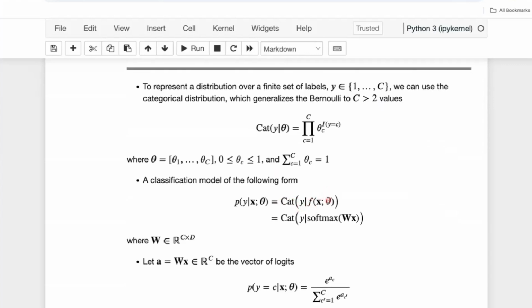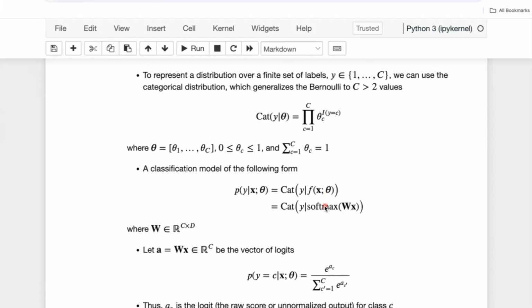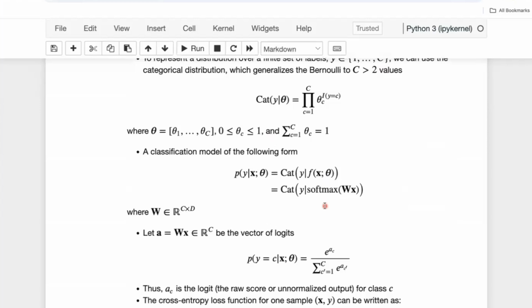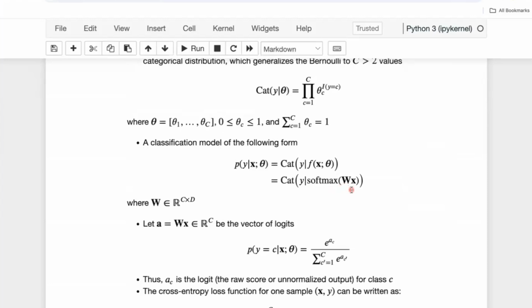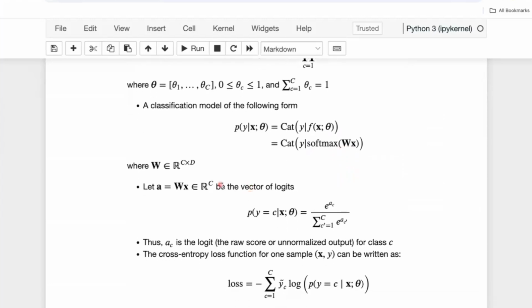And then in order to find these thetas, these probability scores, we can have some function of x and theta unknowns. You can also think of this as w, but it is just a container for all the unknowns. And in order to specifically know what form this theta has, we can write this as the softmax function of w times x. So how does this work? We can do this in 2 steps.